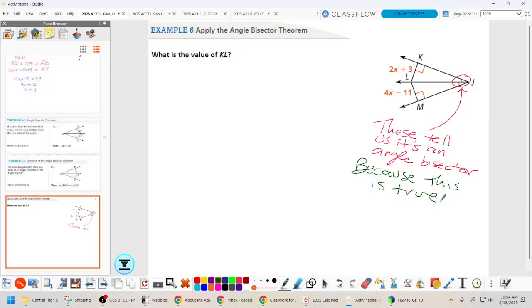KL and LM are congruent. Yeah. KL is congruent to ML. Because this is true, then KL equals ML, and therefore we can just set them equal to each other, and now we have this nice easy algebra equation to solve.